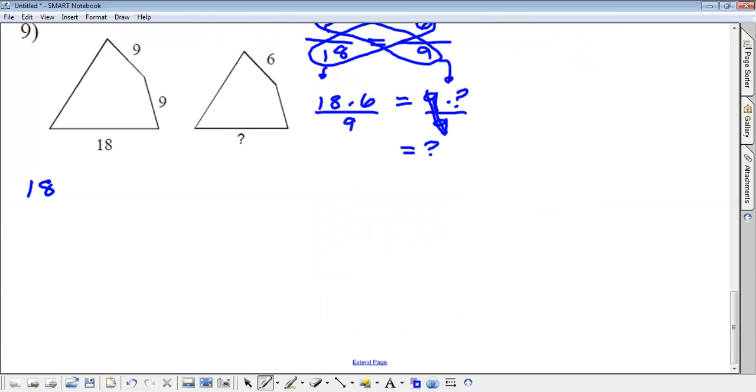Factors of 18. We cannot use 1 or 18. What numbers can I use? 6 times 3.